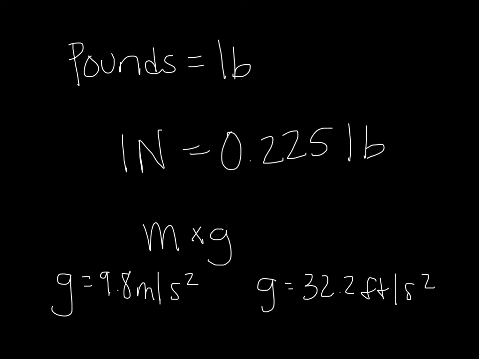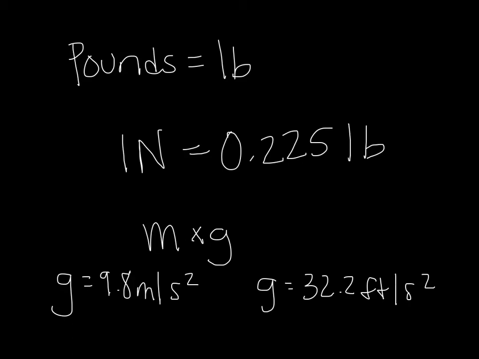So when we try and figure out our mass in British units, we actually measure our mass in what's called slugs. So when we're asking about mass in British units and we're given pounds, we have to divide by 32.2 to get slugs.